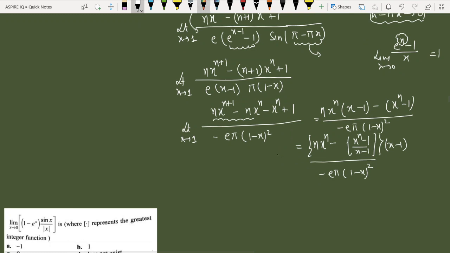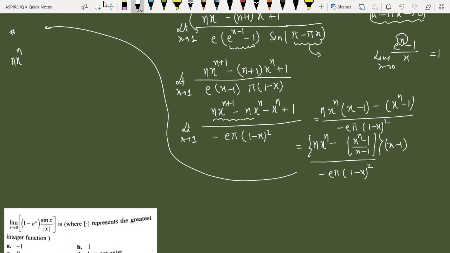Now (x^n − 1)/(x − 1) is actually the GP summation formula, so it is written as 1 + x + x^2 up to x^(n−1), and minus e to the power π, since 1 − x cancels and the minus goes too.